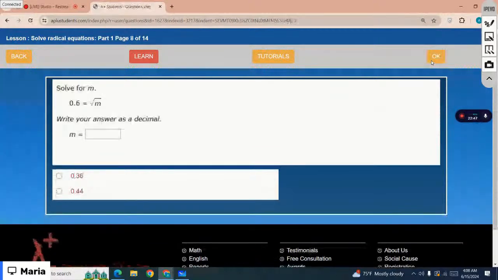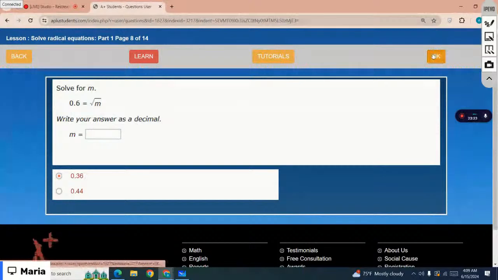The next one is solve for m, which is the correct option. That is m equals 0.36.